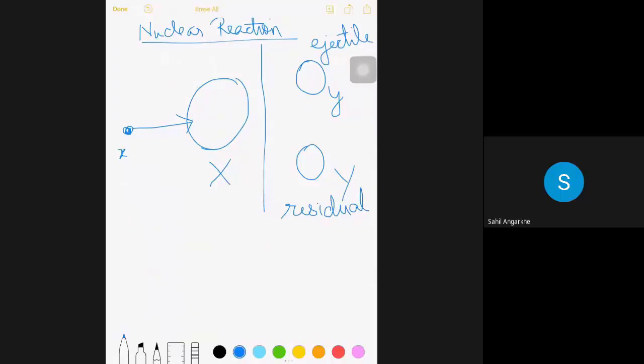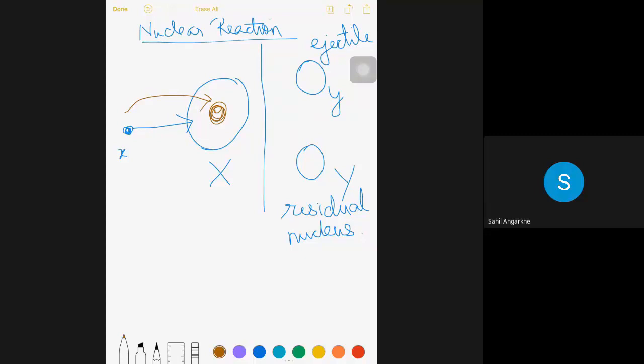So you have one particle here, one nucleus here. This small particle comes and hits the nucleus, and after the hitting has taken place, two particles are produced.